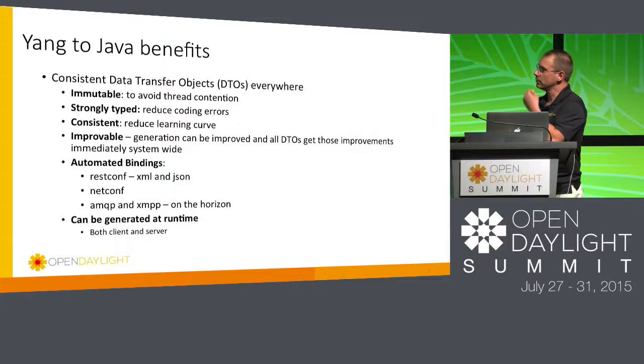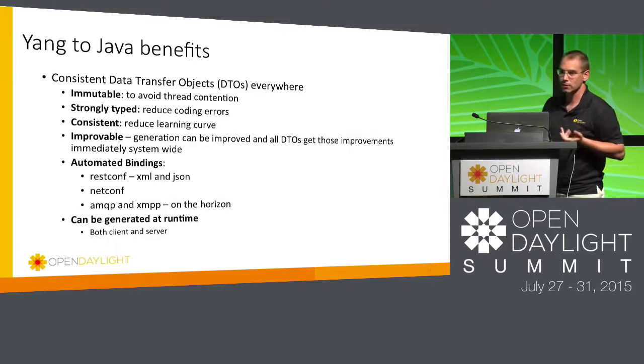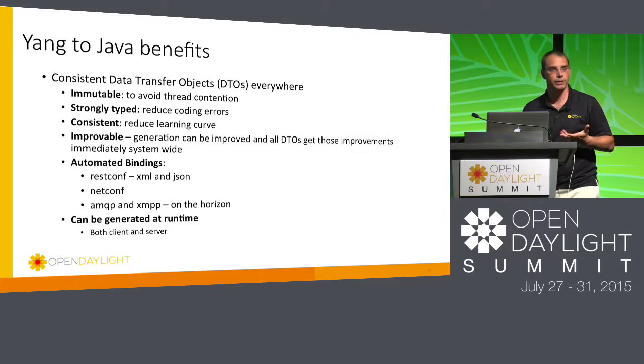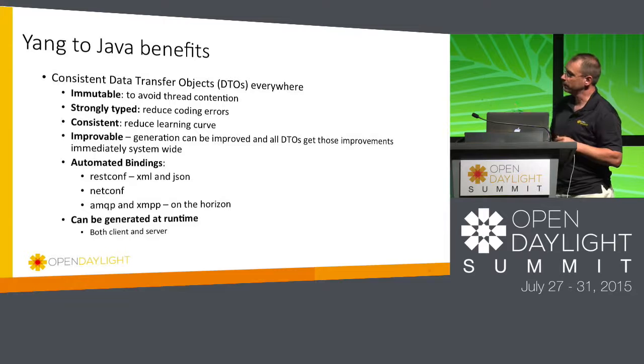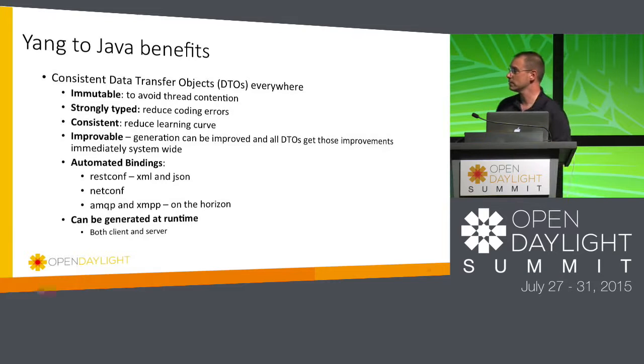And I mentioned the automatic bindings for RESTconf and netconf, which come for free in the package now. And also, there's some other stuff coming on the horizon for some other message bus technologies and potentially things like Python, could be fairly straightforward to work on this.